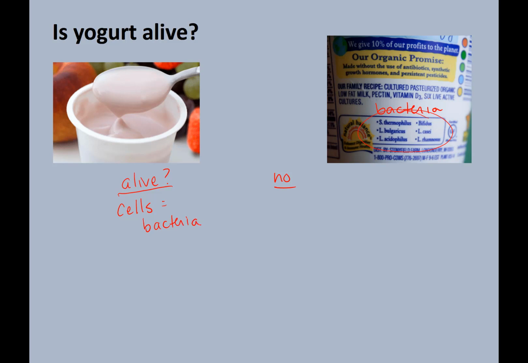But the rest of the yogurt, which is the milk and the pectin and vitamin D and that stuff, that's not alive. So I might give you something and you have to determine if it's alive or not. And you basically go through those 7 characteristics. So does it have cells? Well, parts of yogurt does.